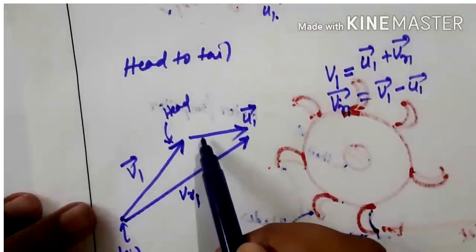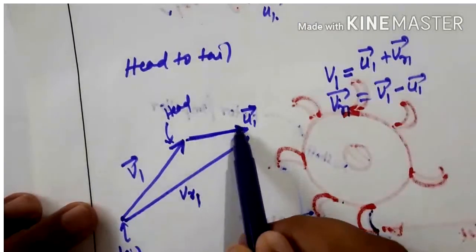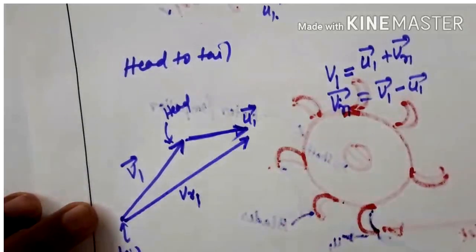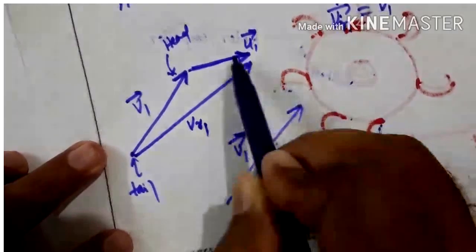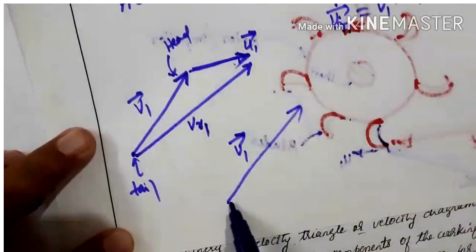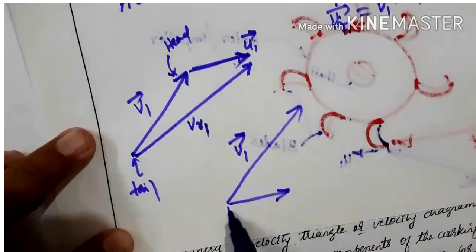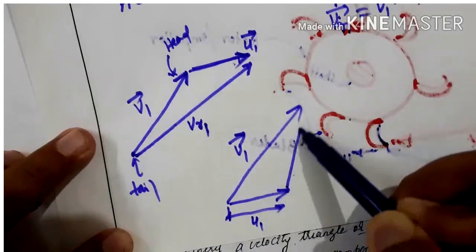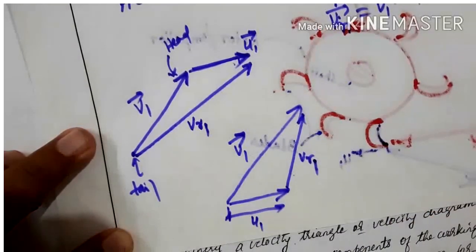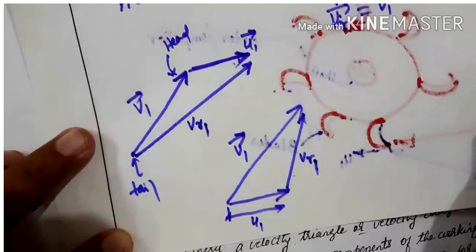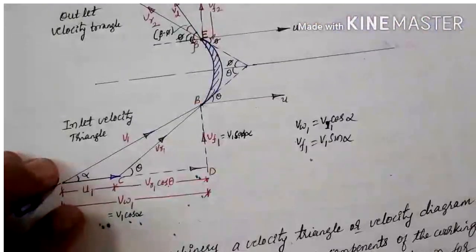Instead of keeping this vector here, if you shift that vector, this gives a magnitude and direction V1, and this vector you just shift and keep here with the same magnitude, this will be U1. Then join these two, this will be VR1. So this can be drawn at the inlet of the blade here.